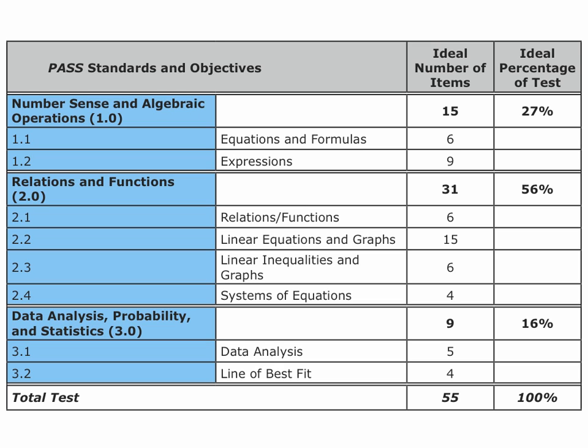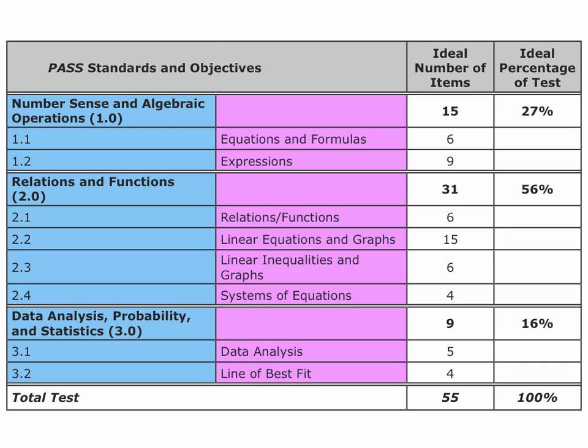What that does is it tells you your objective. If you move to the next column that's highlighted purple, it explains what the objective is. So 1-1 is equations and formulas, 1-2 is expressions, 2-1 is relations and functions, 2-2 is linear equations and graphs, and so on.